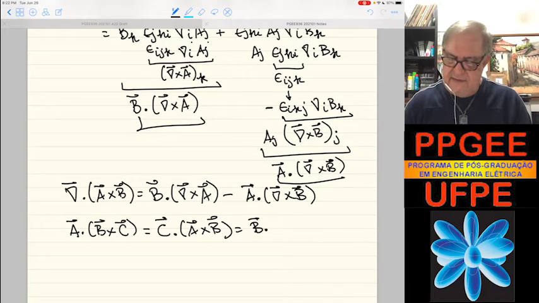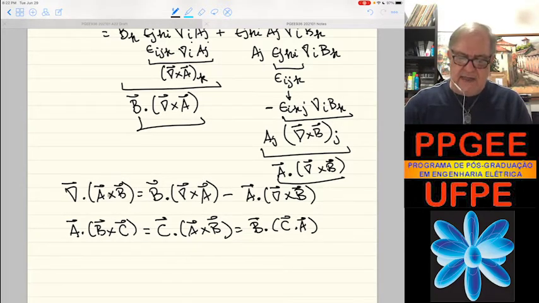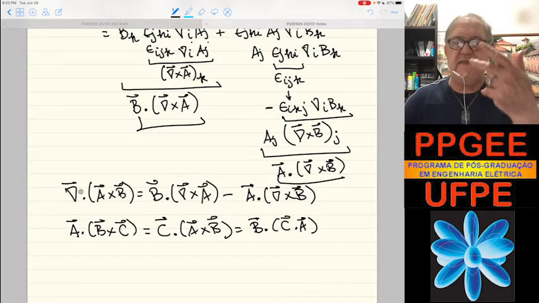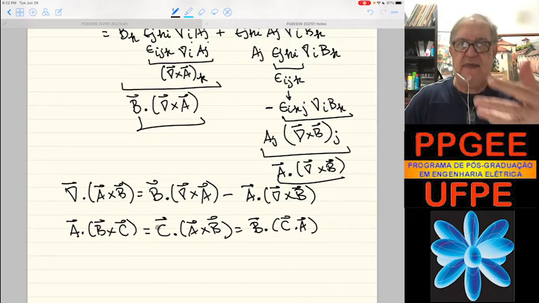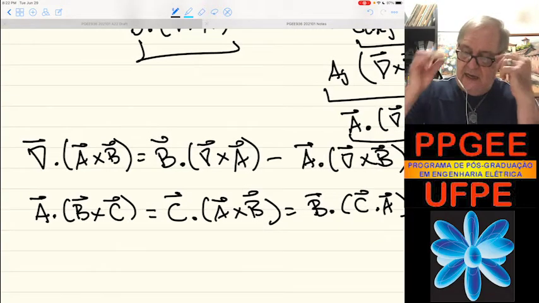It's the same. But here we cannot do that because we have a derivative of a product. A derivative has, you have to make a chain rule. So that's why we have two terms, and not only one like the traditional mixed product.